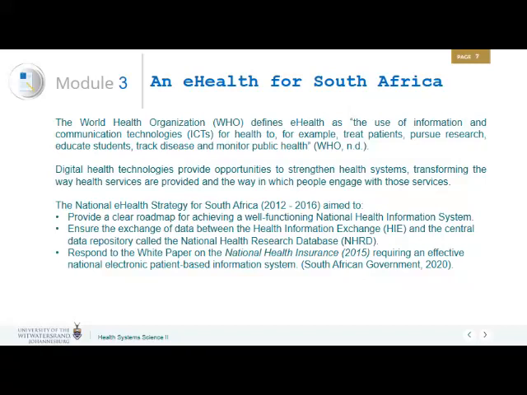We see that digital health technologies provide opportunities to strengthen our health system. They can transform the way that health services are provided, and the way in which people engage with those services. In South Africa, we've had a number of strategies to try move from a paper-based system into an electronic system through an e-health strategy.